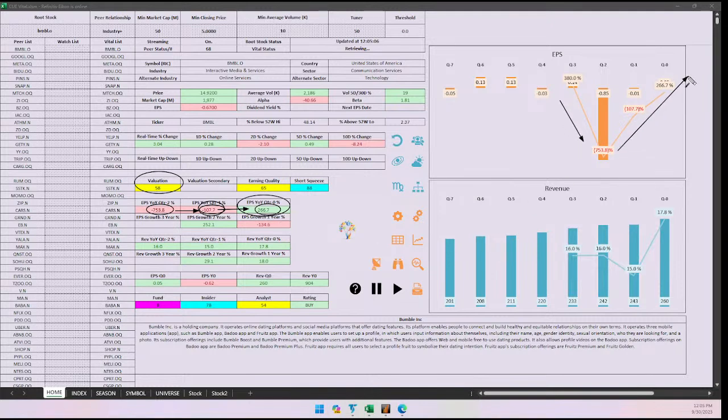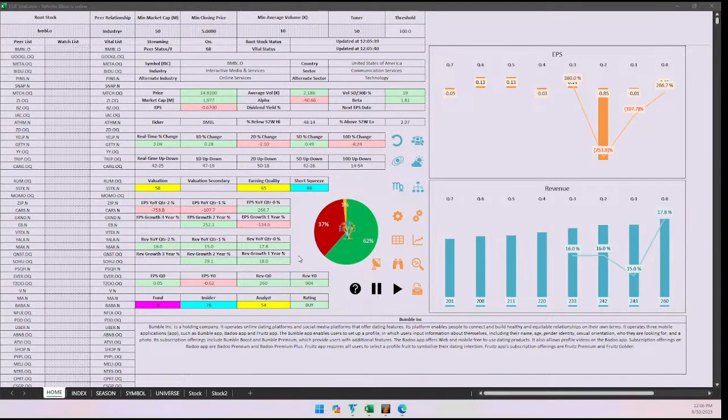You can see that in the picture also. So this is a valid reason to look for a buy setup, and even better, the revenue pattern is also following a similar graph.